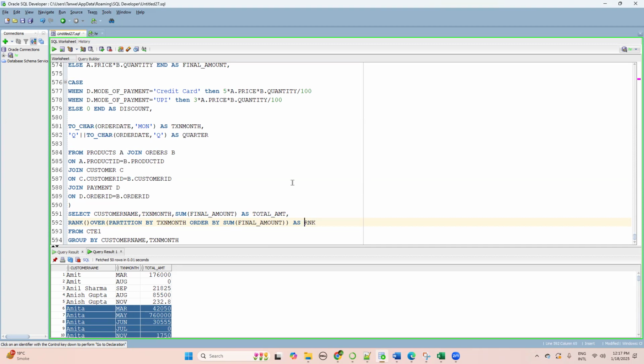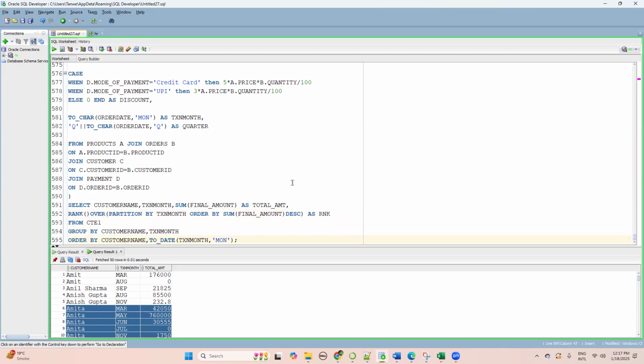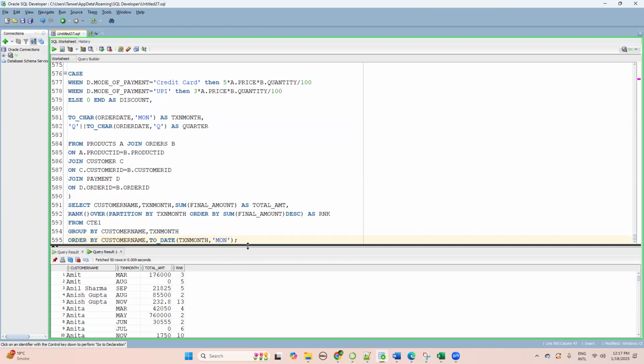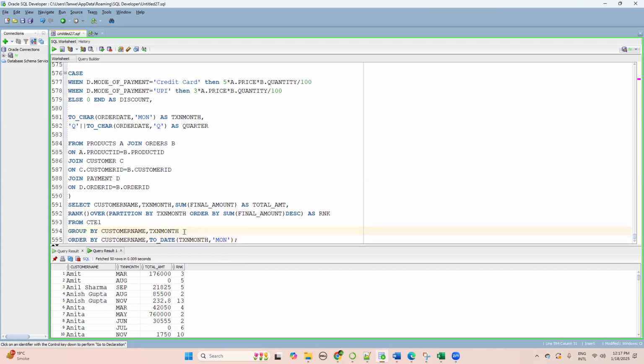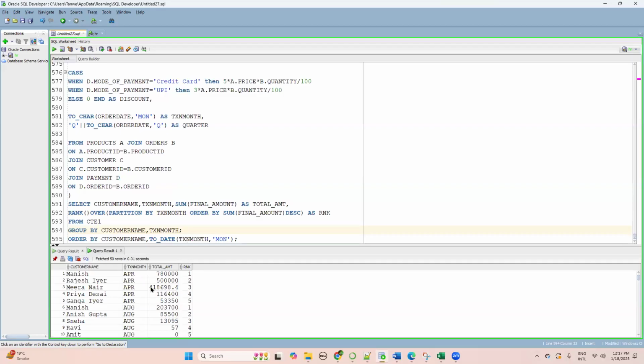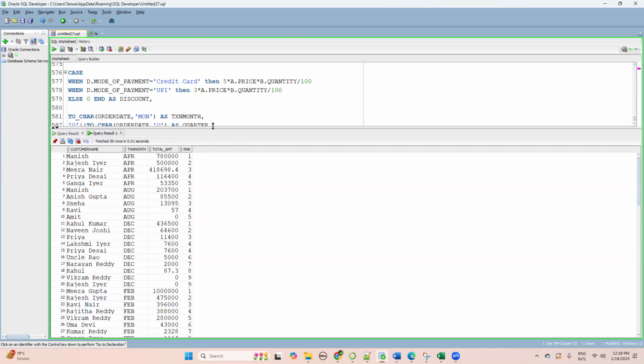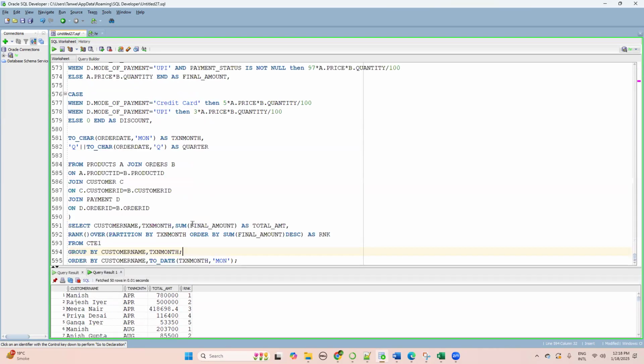So we have to make it descending, right? We have to find from the maximum. Now execute this. Now see, you're getting the rank for each and every month, customer month wise.